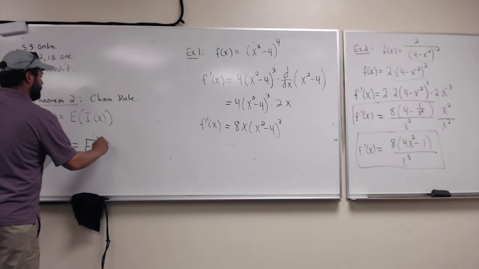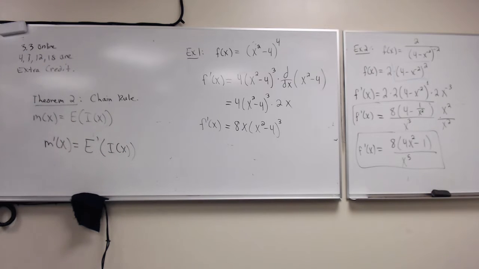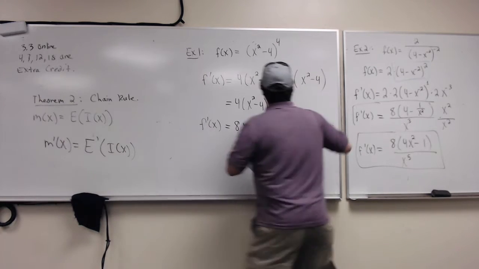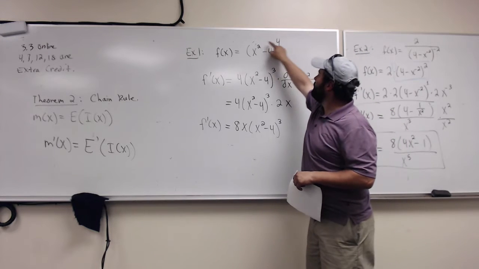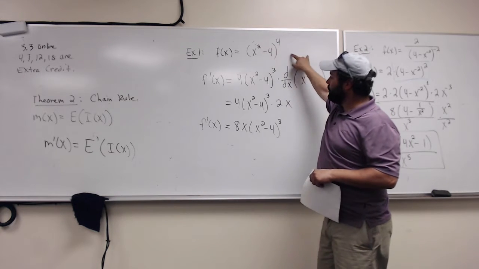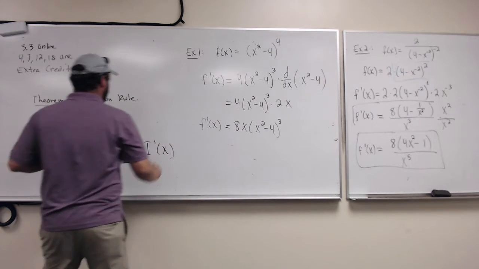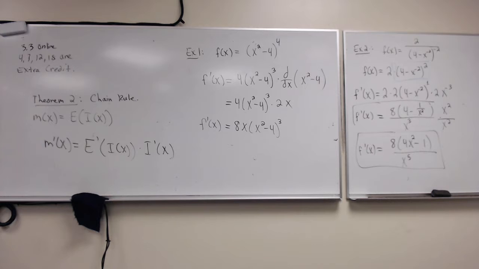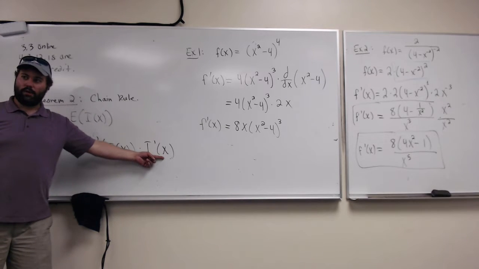You take the derivative of the outside function and keep the inside function the same, and we did exactly that here, because the outside function is just a power function. So you took the derivative on the outside, and then you multiplied by the derivative of the inside function, which in this case would be I prime of x. So another way of saying this is, it's the derivative of the outer function evaluated at the inner function times the derivative of the inner function.